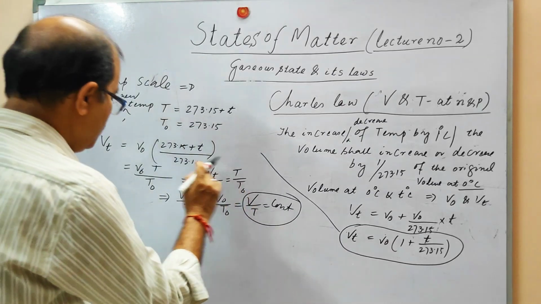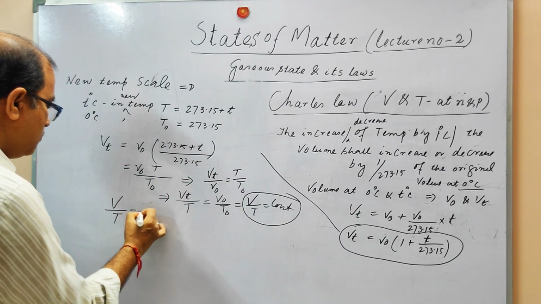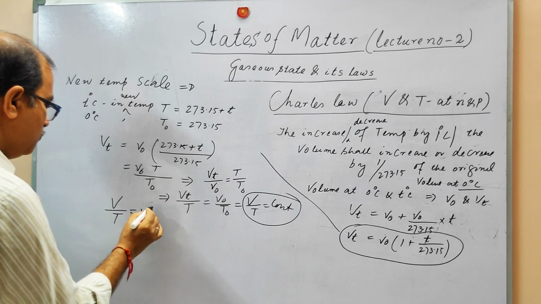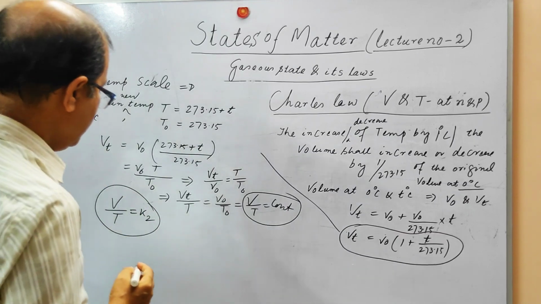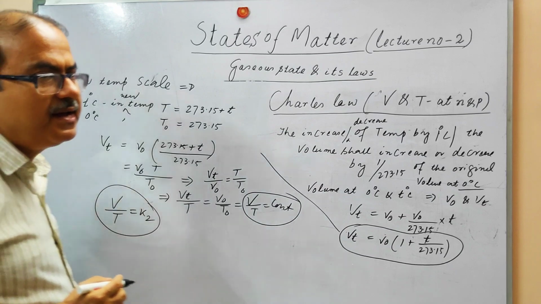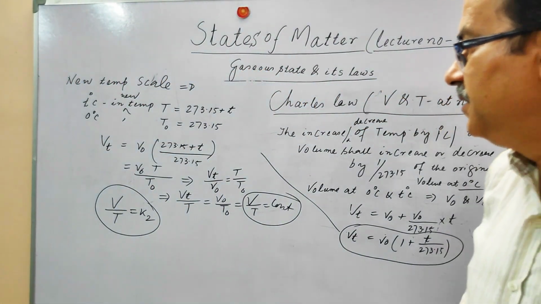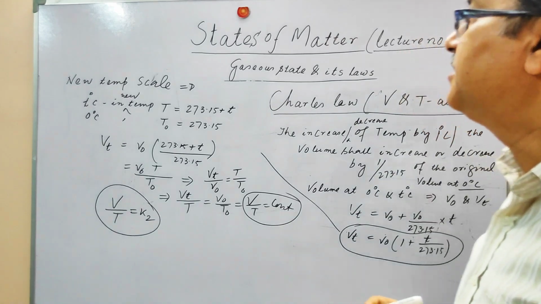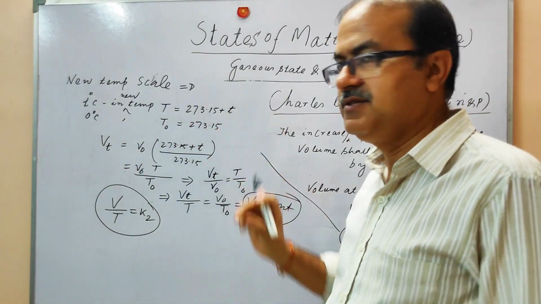V by T is equal to constant, and here you can write V by T is equal to K2. Here T is the temperature in the absolute scale.